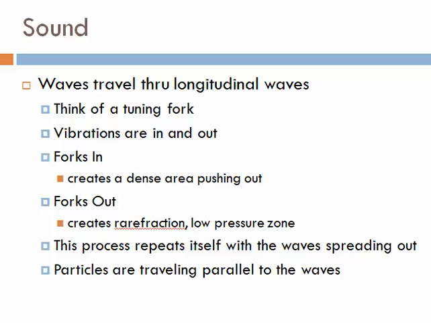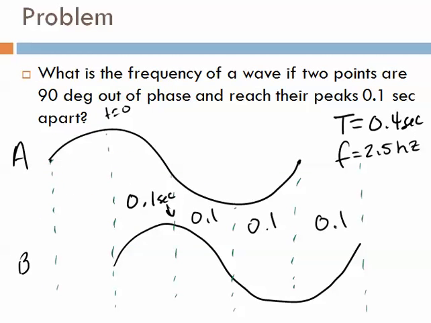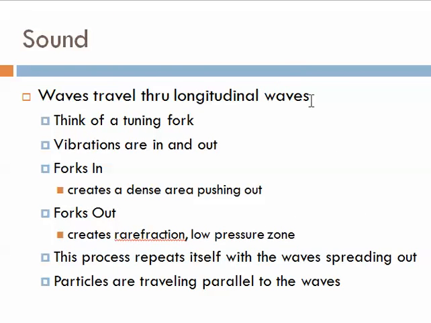If you think about a tuning fork, we've got this tuning fork here. When these tines are in, there's no vibration here. And then when the tines go out, it compresses the waves around this.